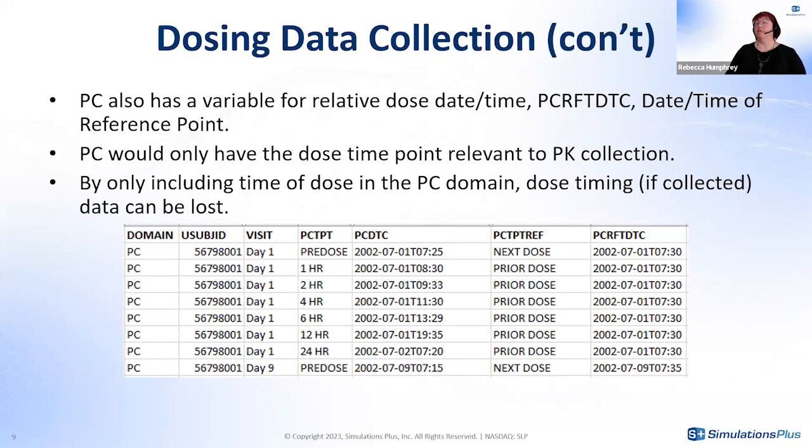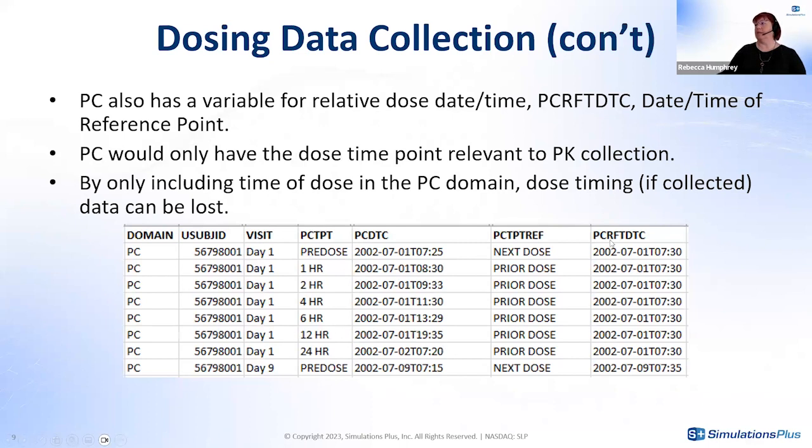PC also has a variable for capturing relative dose date and time relative to the PK sample collection. Keep in mind that this is only going to capture information around a PK sample. So in this example, there was a full profile captured on day 1 of pharmacokinetic concentration sampling, and these would be the individual date and times for the PK samples.